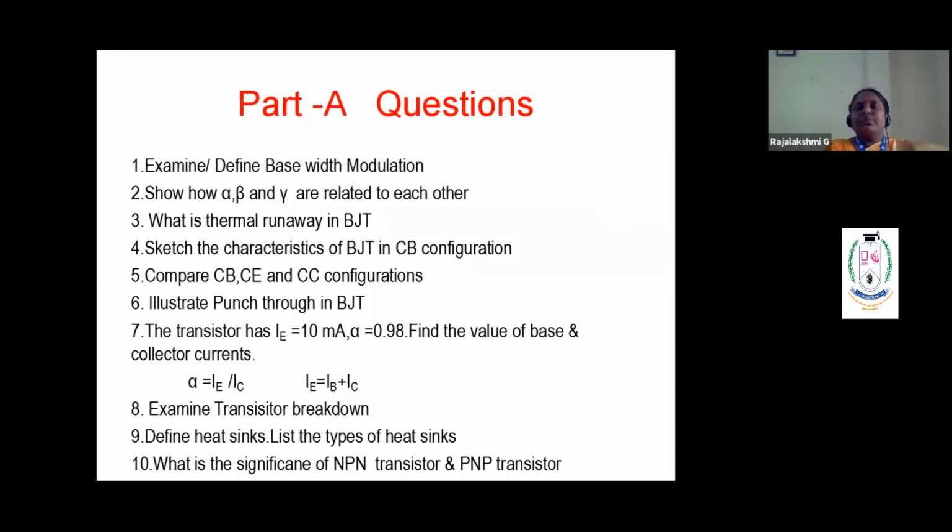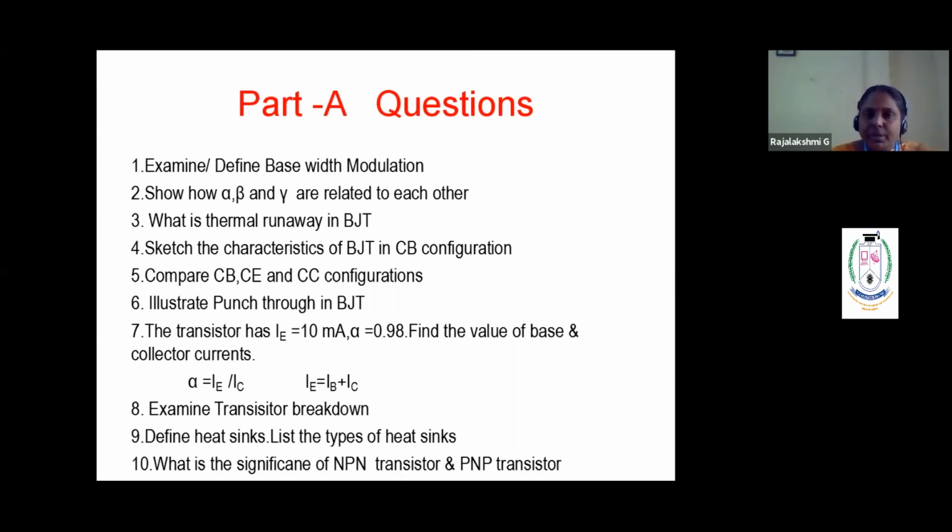Yes. Next, the remaining two methods you can go through on your own. From whatever I have taught today, I have just given the possibilities that can be framed as questions. First: examine or define base width modulation. So what is base width modulation?